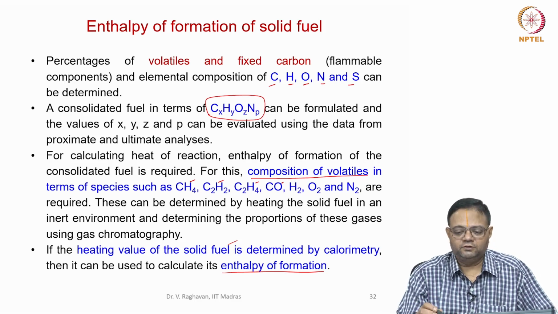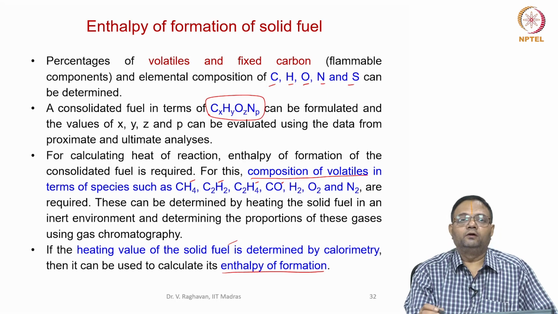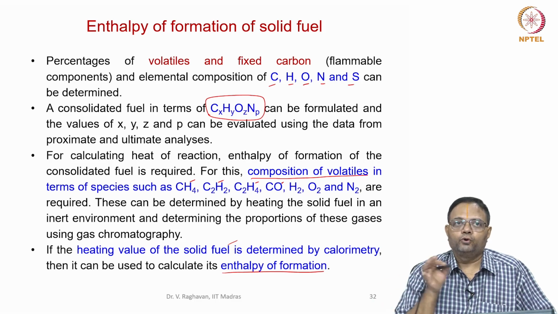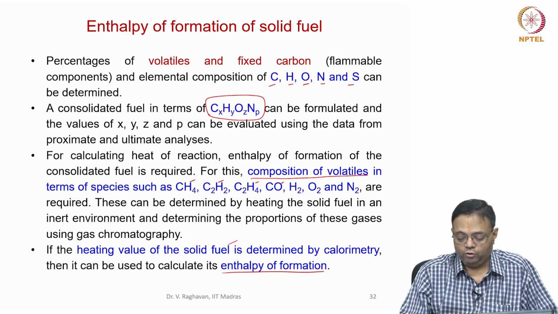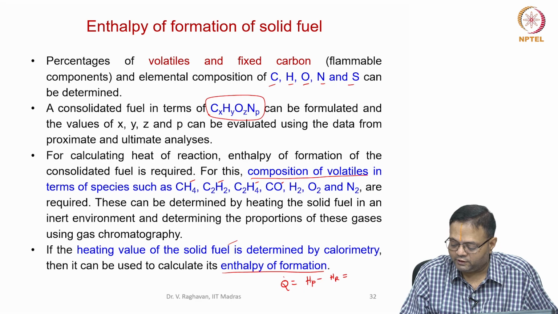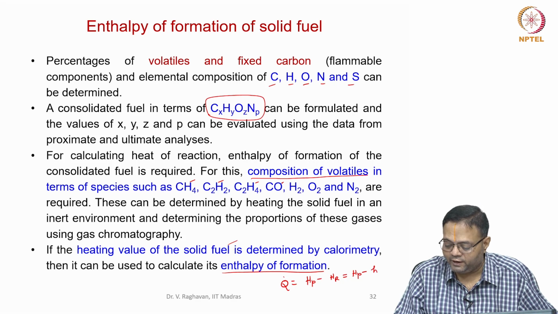So, by writing this, we don't know the enthalpy of formation of the fuel, but the enthalpy of formation of the products is known. So, if Q is known, what is Q? Q will be equal to HP minus HR, which is nothing but HP minus, in HR, actually only the HF of the fuel.